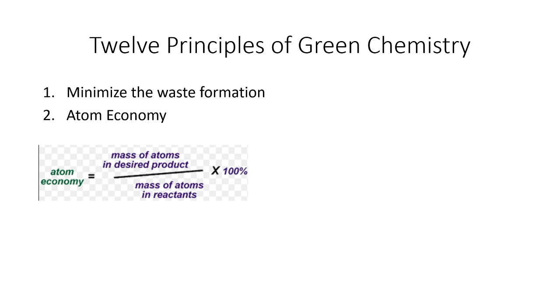The formula is mass of the atoms in the desired product divided by mass of the atoms in the reactants. Remember, if all the reactant molecules or atoms combine to form only the desired product, then obviously there is no formation of byproduct.